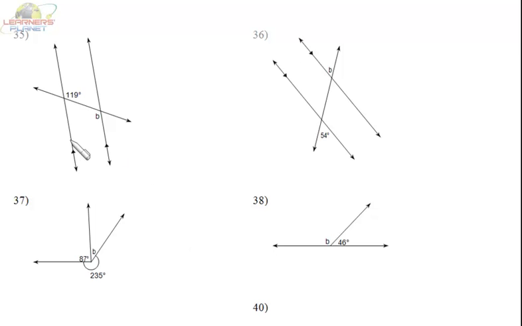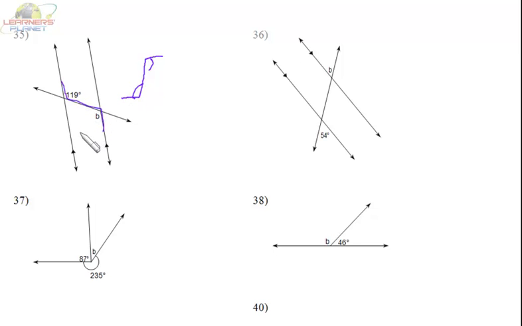Now here this is B and this is 119 degree and the two lines are parallel. Now we can see a shape of Z over here. So this and this, both of them will be alternate interior angles, and in case of parallel lines, both of them are same.